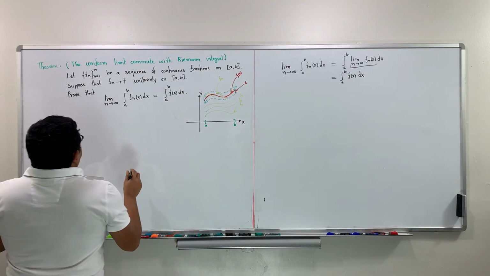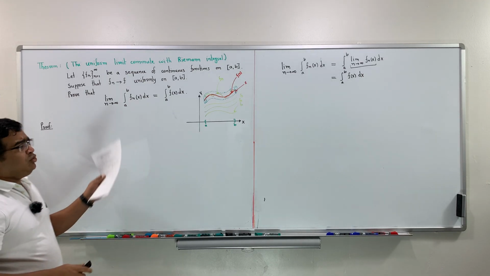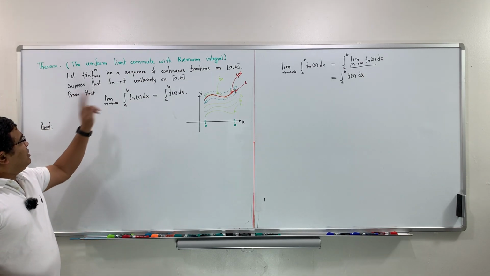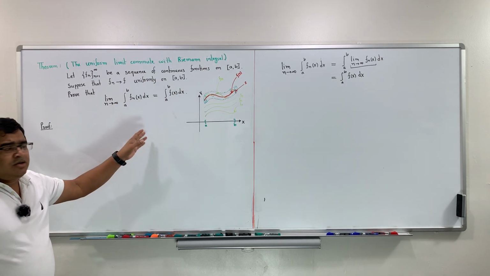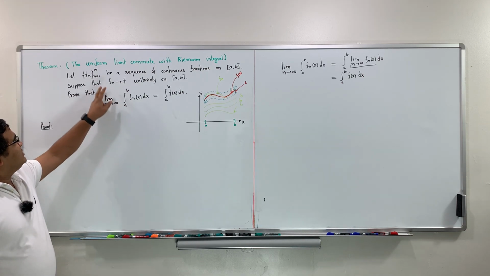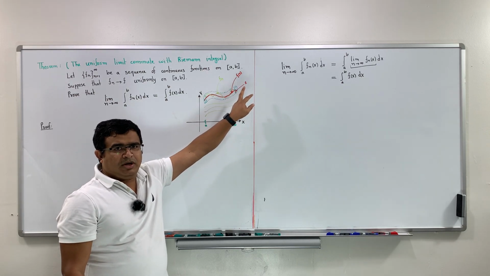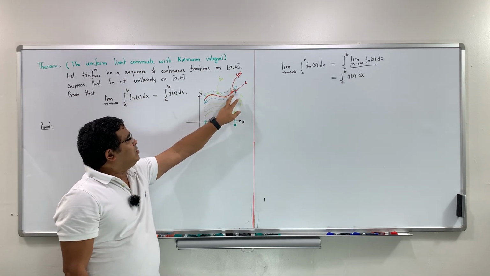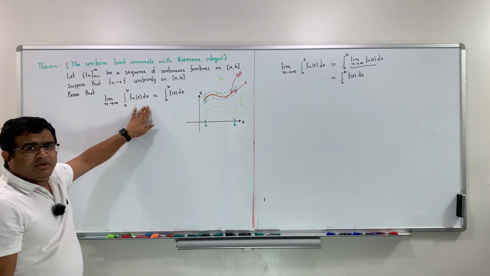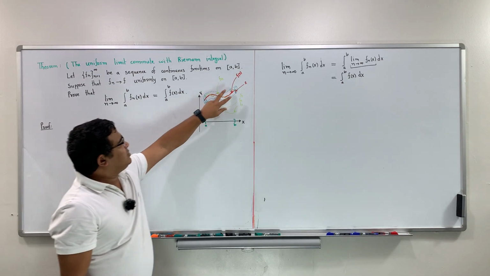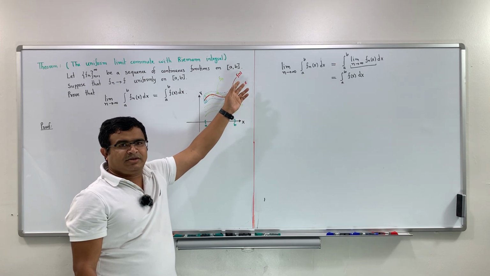Now since f_n converges to f uniformly, we will use this information, and using that information we will prove it. By the definition of uniform convergence, since f_n converges to f, there is an epsilon. Depending on epsilon, we need to prove this. This epsilon can be small or a little big, epsilon or epsilon over 2 or epsilon over 3.